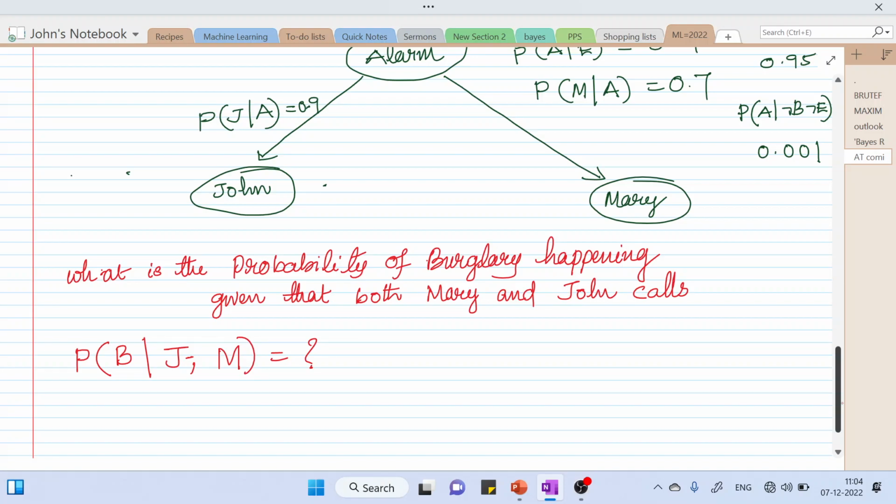Is my question clear? Both have called. What is the chance of burglary? So we will derive a similar thing. How many events do we have in this problem? Totally we have 5 events, but in the question, 3 events.